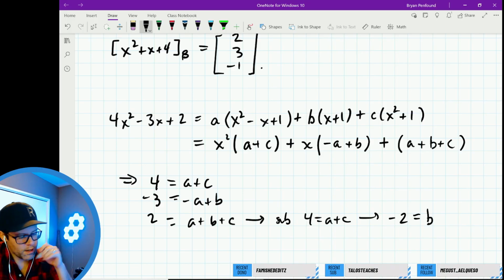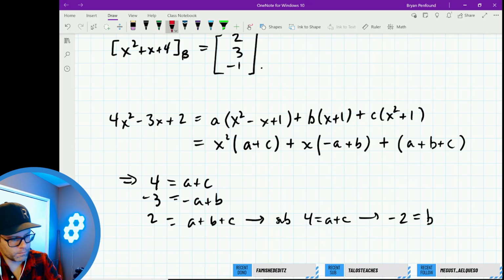I see. So you can actually very quickly go through the elimination procedure here to figure out what b should be equal to. So this suggests that b should be minus 2.